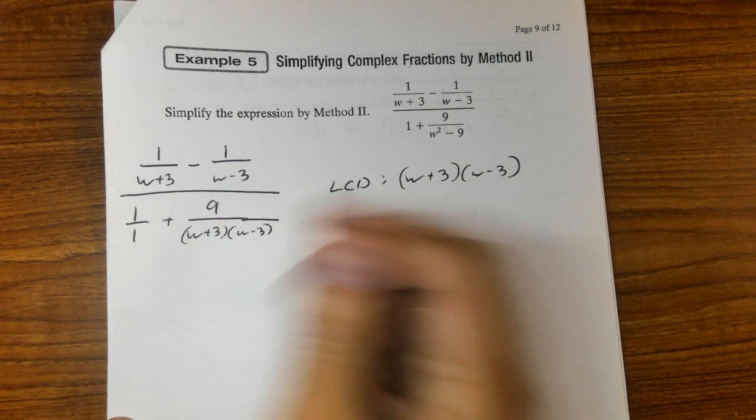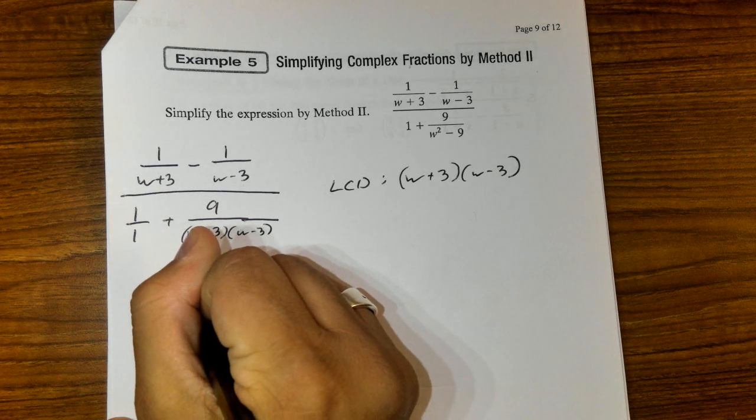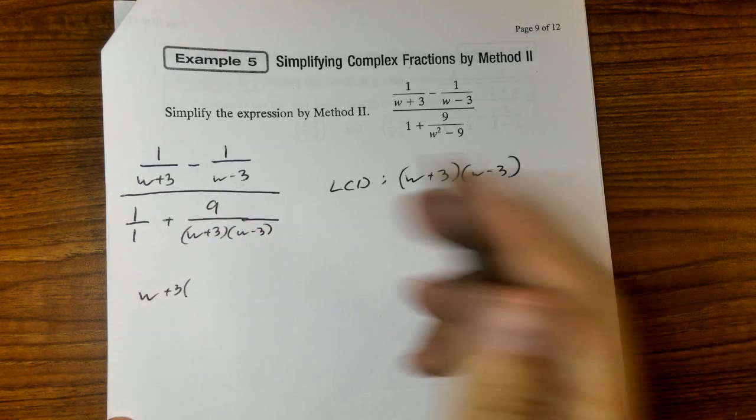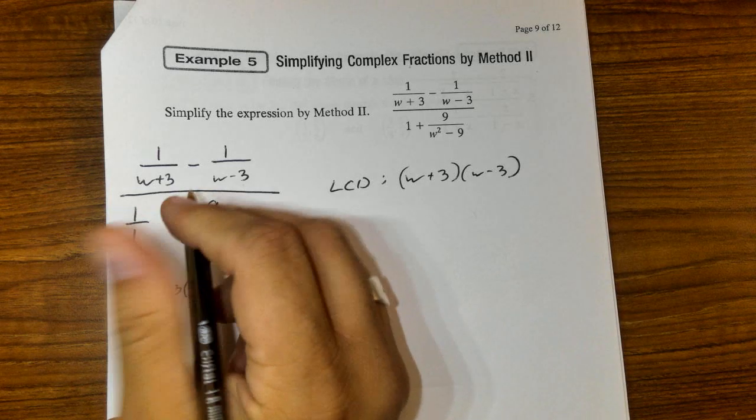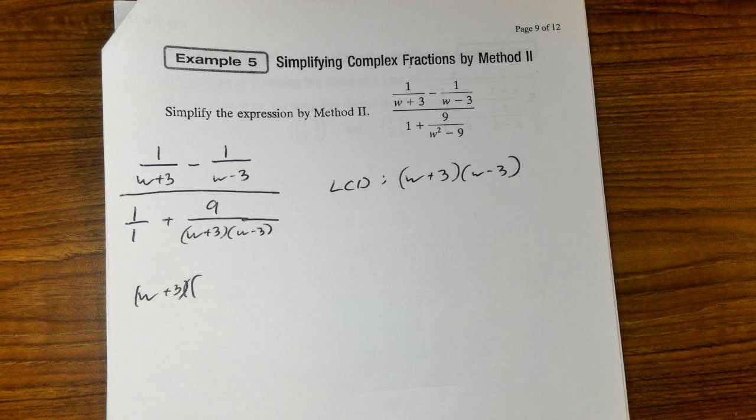So that's going to show up as w plus 3 times w minus 3. Let's put these fractions here.